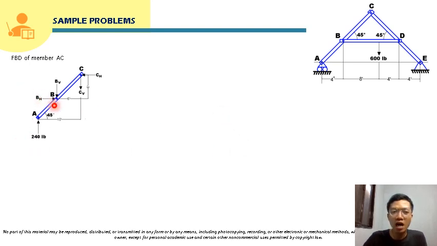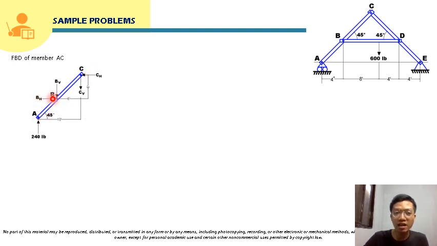Here at pin B, we know that from member BD, the reaction force BH is directed to the left and BV is directed upward, right? So if we transfer that here to member AC, it should be directed oppositely.